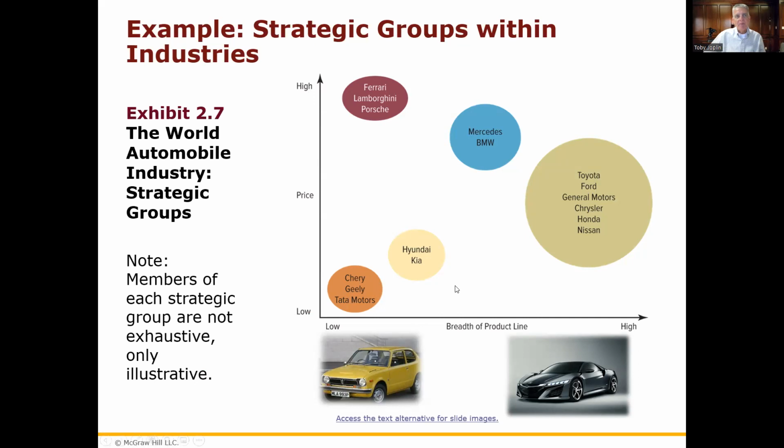Something to keep in mind, companies change strategic groups. When I was in high school, one of my classmates bought the very first Honda automobile in our town that I had ever seen. It looked like this little yellow Honda you see on the slide here. It was a piece of crap. It looked like junk. The engine sounded like a bee in a tin can.